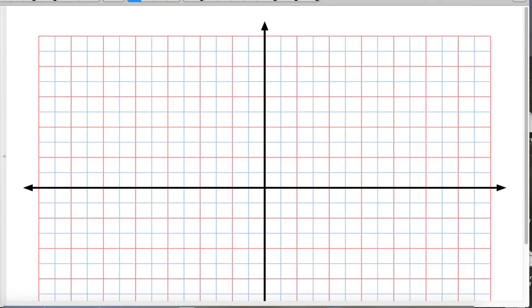Let's draw this over on a graph. 3 and 4. There's our vector. So now the second part of the question says, what's the angle that this makes with the positive x-axis? Well, if we just use trigonometry, we'll make a right triangle here. We're trying to find this angle theta. This is 3, this is 4.